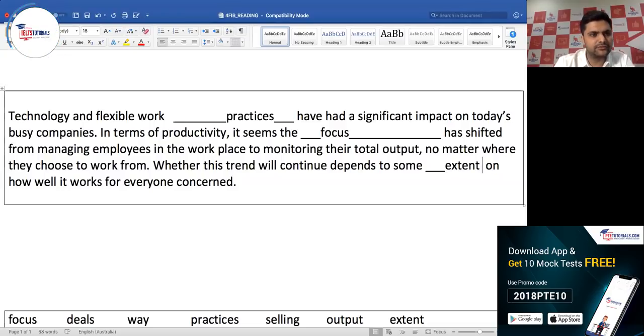So try to get familiar with all the collocations, try to make sentences using them, and when you learn new collocations, make sure that you understand their use.